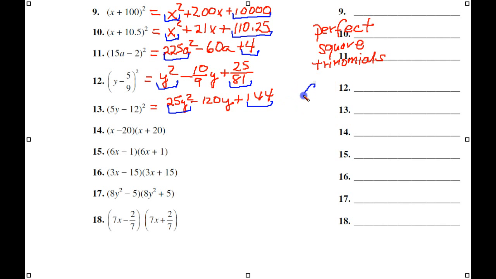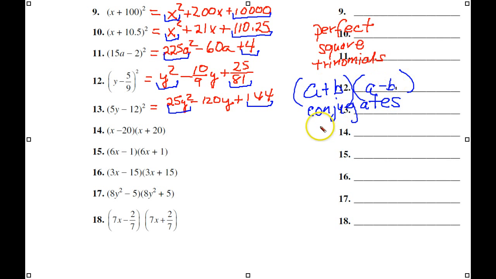Now, in the next few examples, a new word that we introduced in the lecture, you might recall, is a conjugate. A plus B times A minus B. When you are multiplying the sum and difference of the same terms, these terms in here are called conjugates. And when you multiply conjugates, the middle terms cancel out.